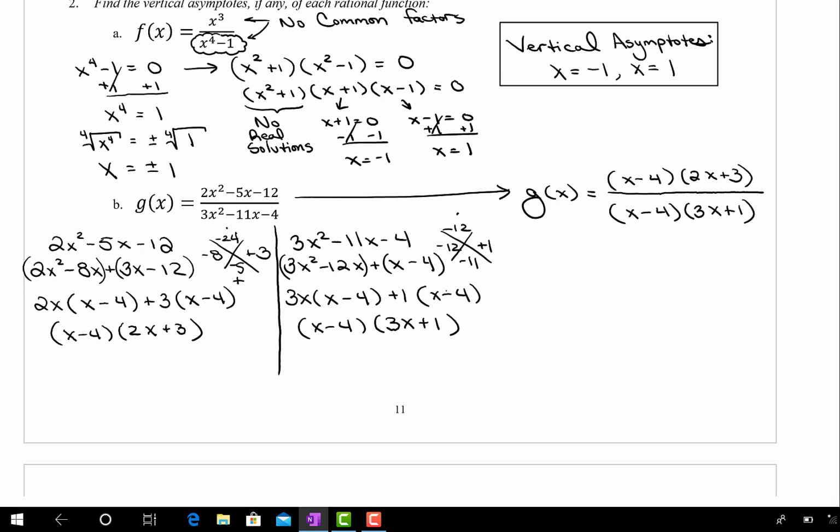I can cancel out a common factor of x minus 4. Remember that we said when looking for vertical asymptotes, our rational function must be in lowest terms. This is very important. I know that there is no way going to be a vertical asymptote at x equal to 4, okay?